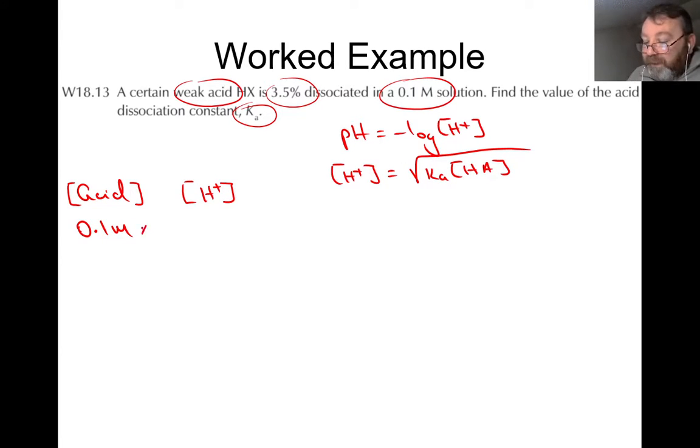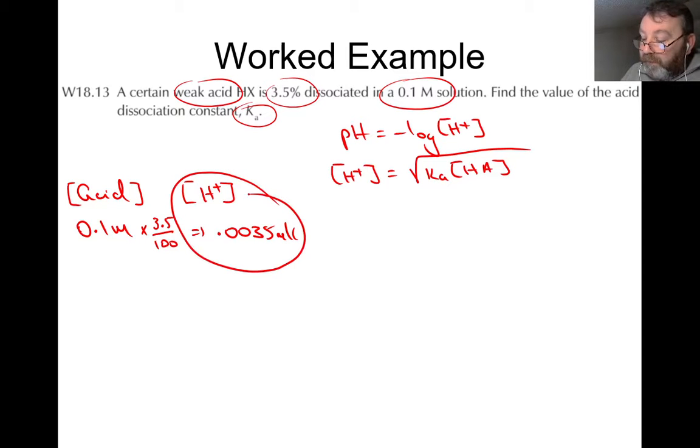So you multiply that by 3.5%, which is 3.5 over 100, and that will give you the hydrogen ion concentration. So 0.1 multiplied by 0.035, and that comes out as something again very, very small, which is 0.0035 moles per litre, and that is my hydrogen ion concentration.